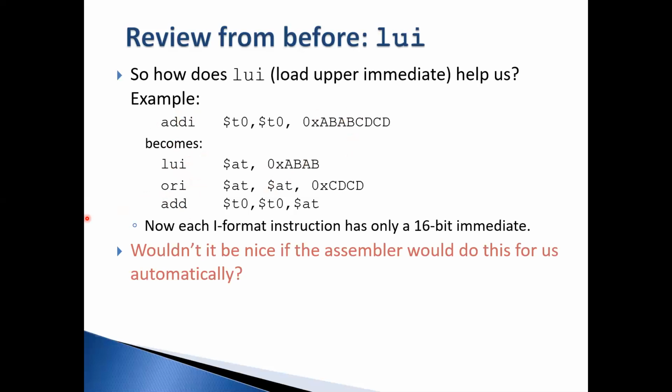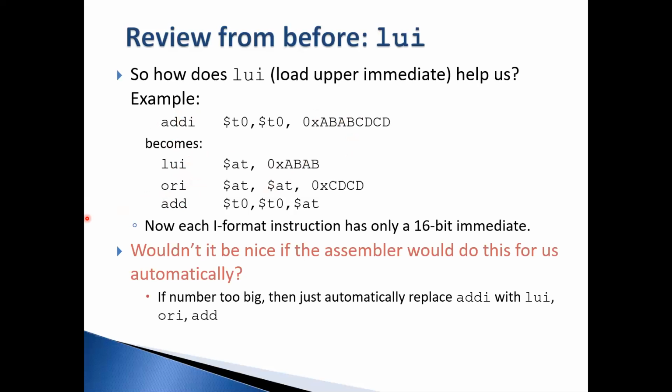Okay, and you may think, since we're going to deal with a lot of large immediates, wouldn't it be nice to have this kind of operation automatically done? Yes, we do. Whenever the number is too large, the simulator, the Merced that we use, will automatically convert it.